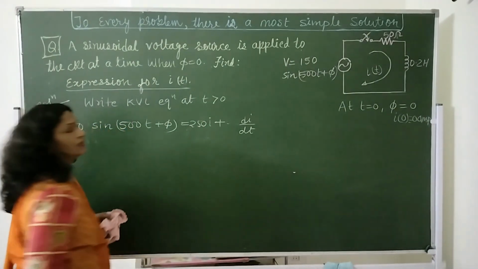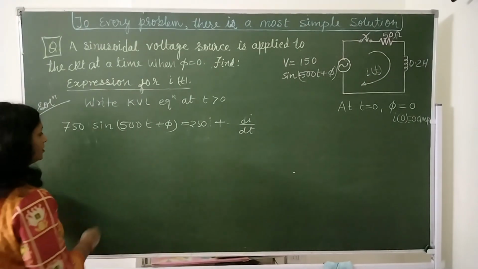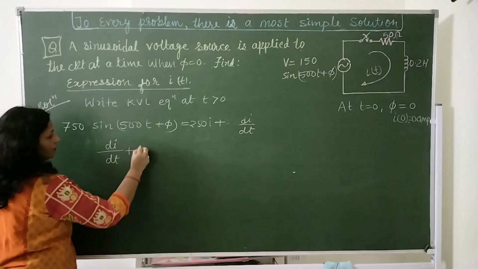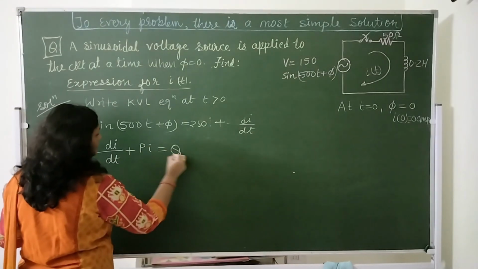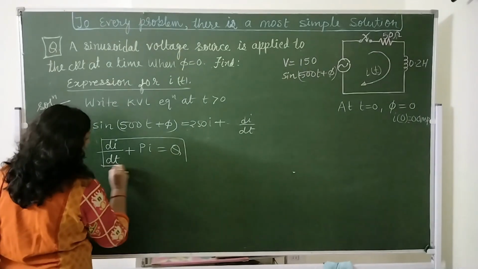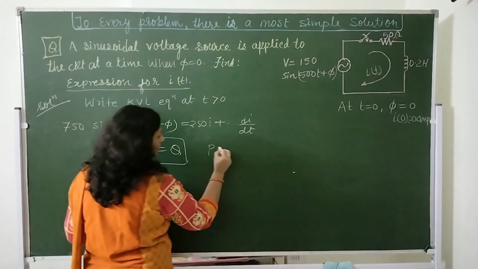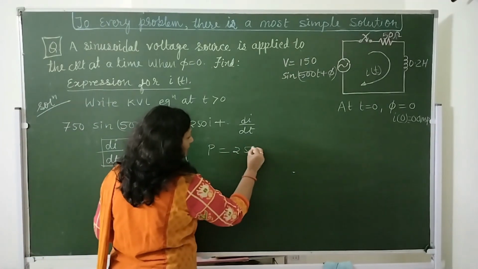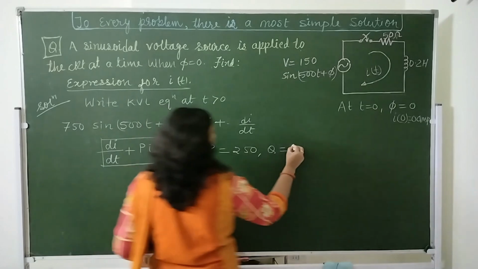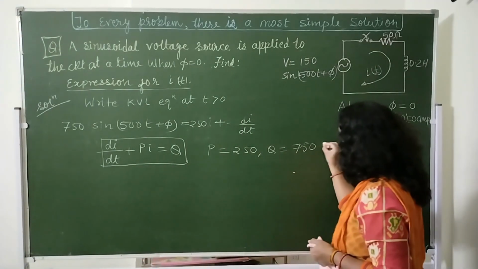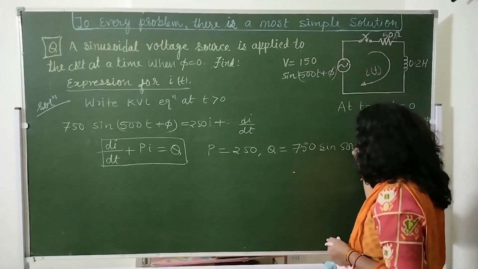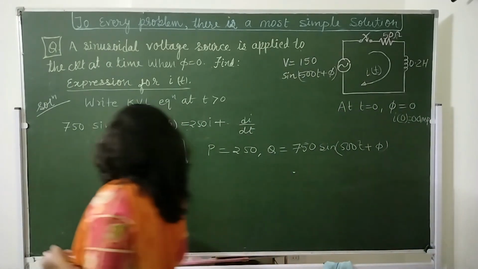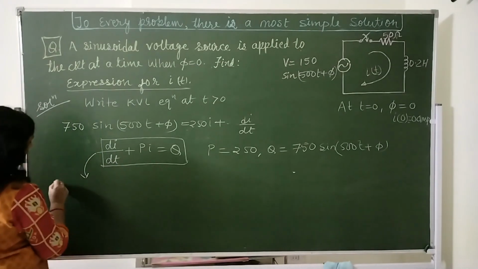So this is our linear differential equation. Now compare this linear differential equation with our standard differential equation. So here P is equal to 250 and Q is equal to 750 sin(500t plus phi). We know the solution of this differential equation.